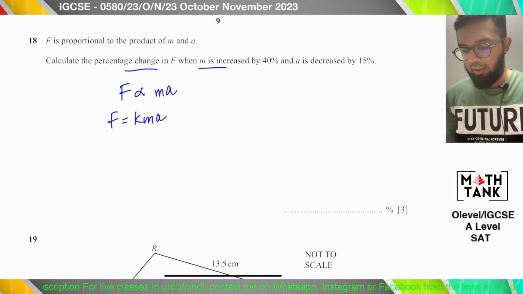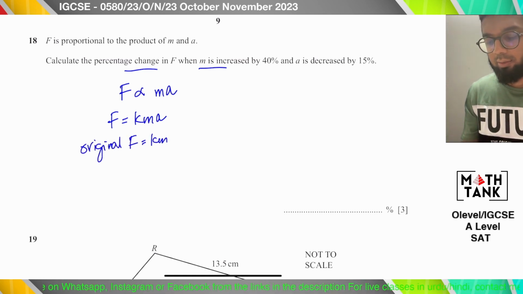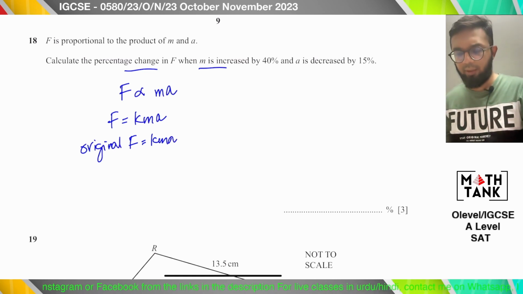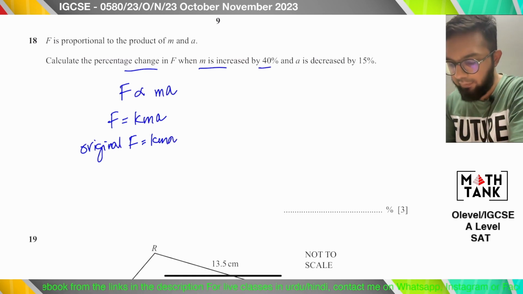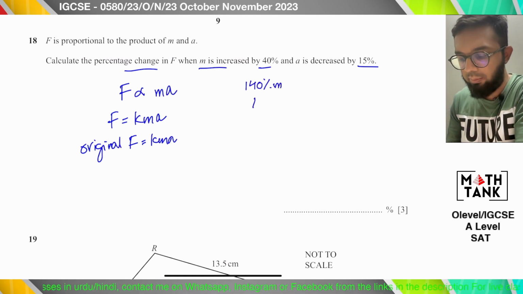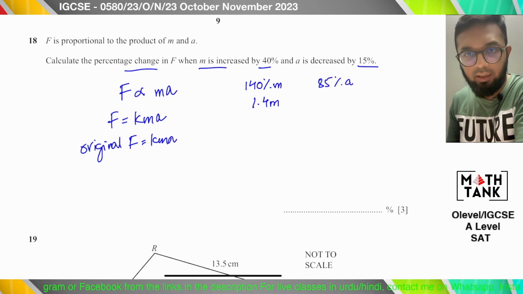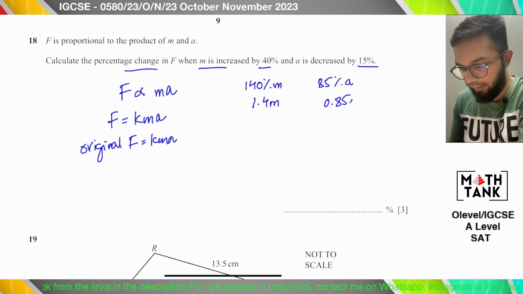I'm going to tell you two different ways of doing this question. So M becomes 140% M, which means 1.4 M. And when A is decreased by 15%, it becomes 85% A or 0.85 A.